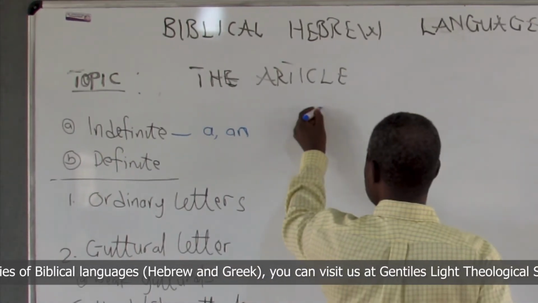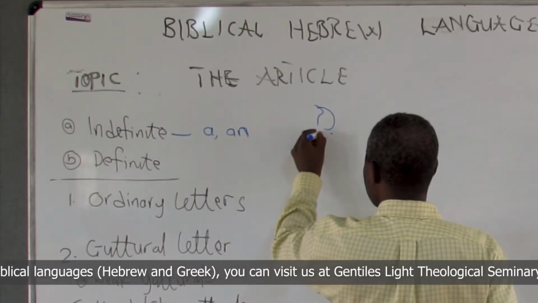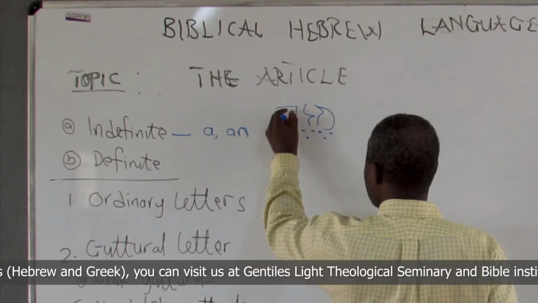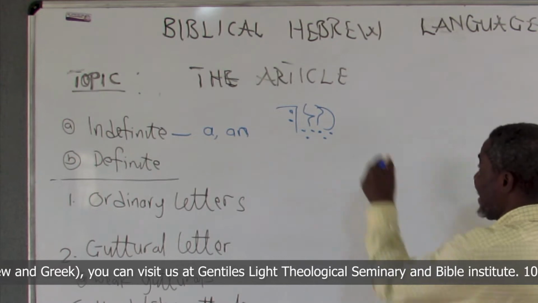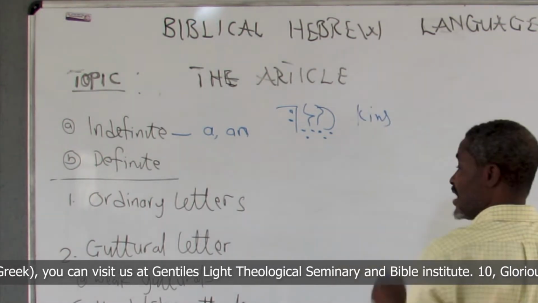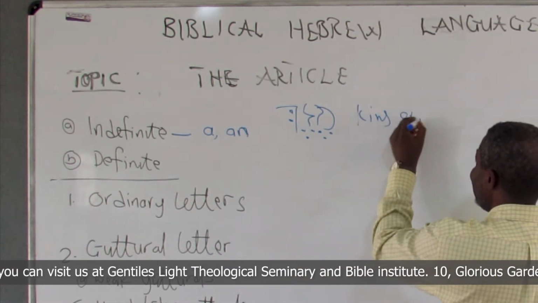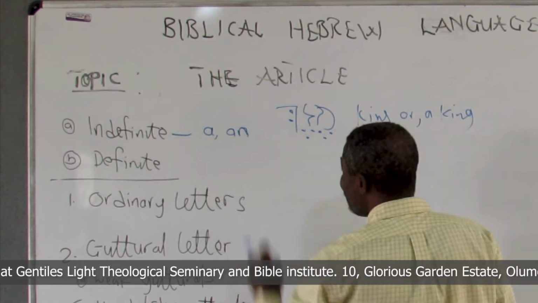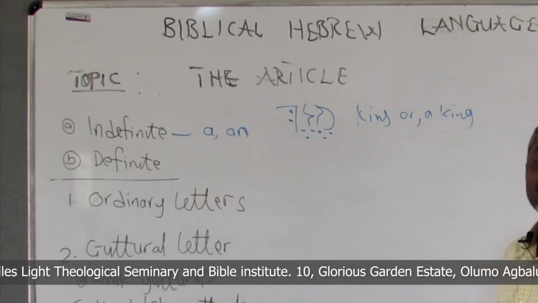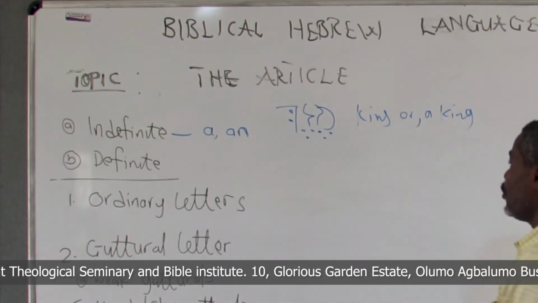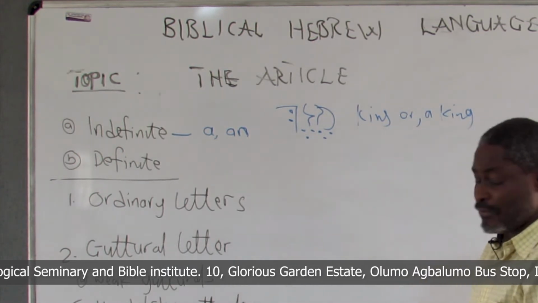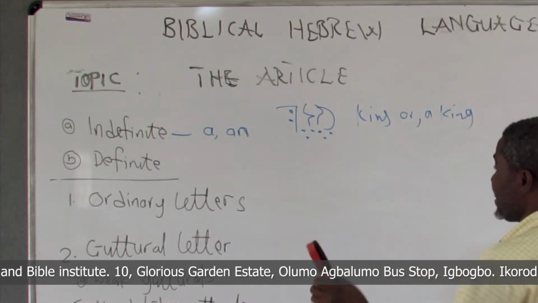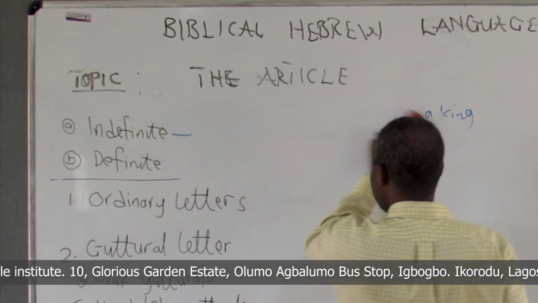When you say melech, which is king, melech is either king in translation or a king. So the a of the indefinite is implied already. So you don't have to find a word for a or an in Hebrew because they do not exist.